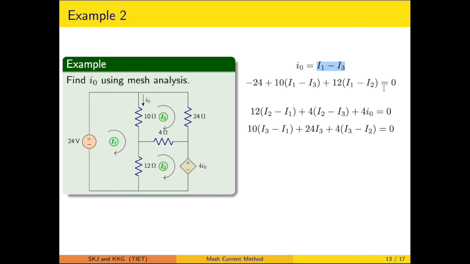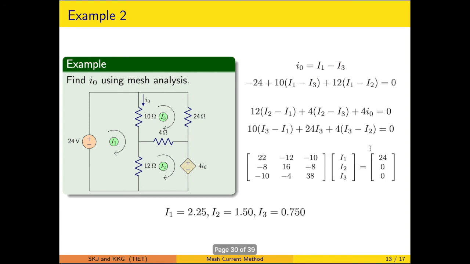So these are 3 KVL equations which we are able to get, and we have rearranged the terms into the matrix form. Now the point to be remembered is that the matrix does not come out to be symmetric as obtained previously, where only independent sources were present.